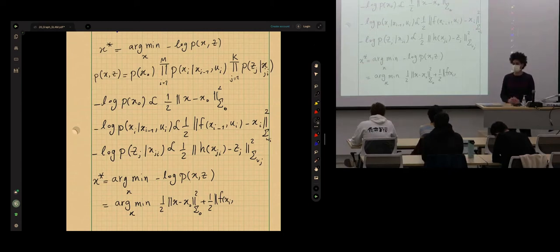So the log cancels the exponential, but also converts the product to a sum. This is a multi-objective nonlinear least squares problem.